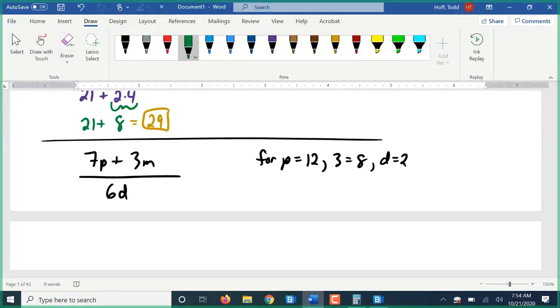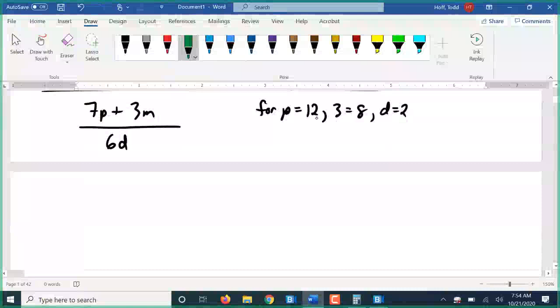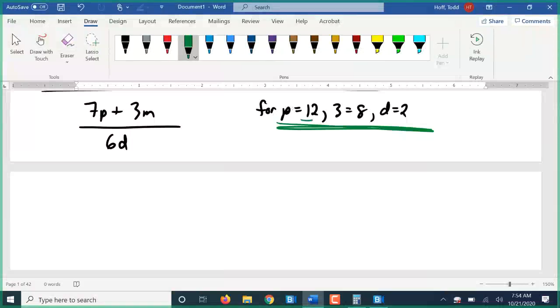So again, our first step is to replace those variables with the values that are given for them. 7p, if p equals 12, that becomes 7 times 12. Plus 3m, if m equals 8, that becomes 3 times 8. All over 6d, if d equals 2, that's 6 times 2.